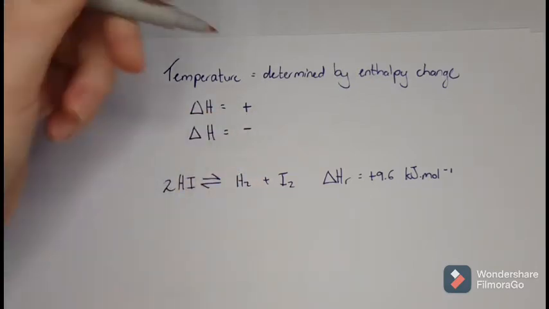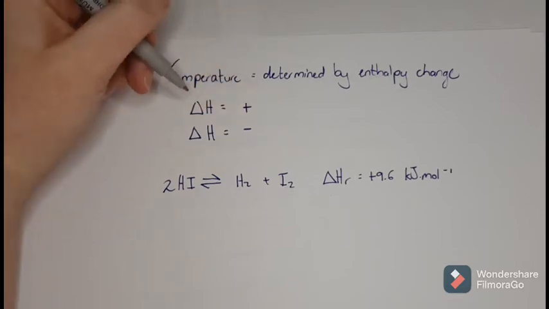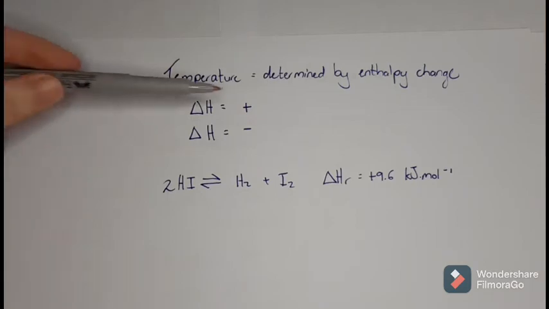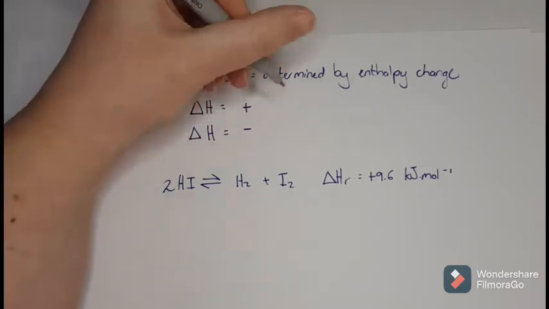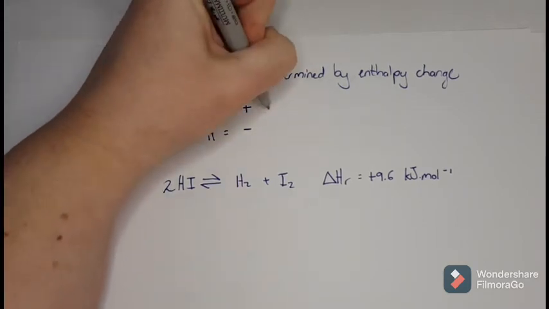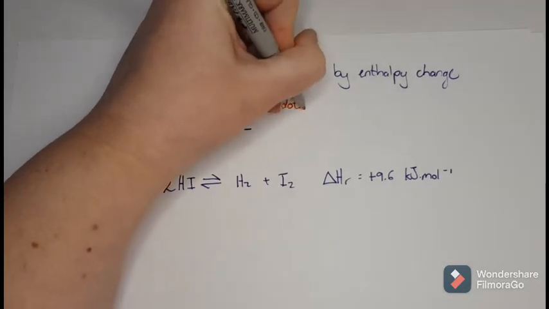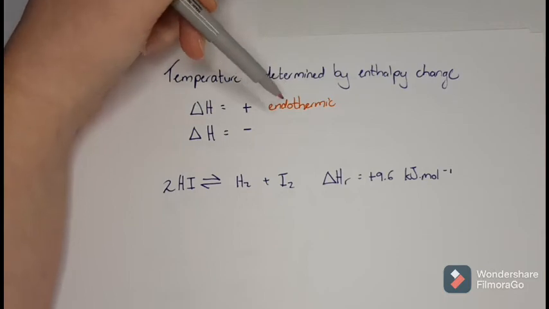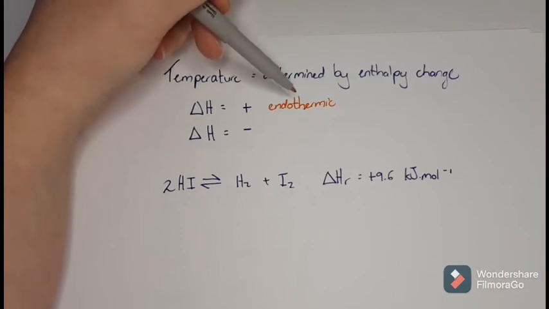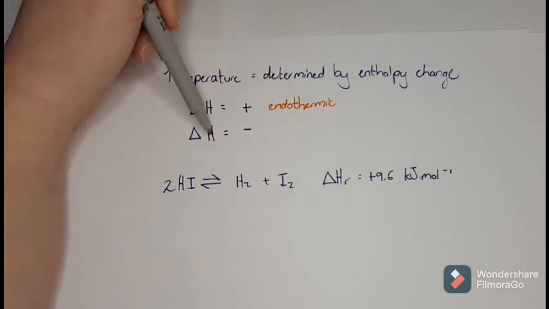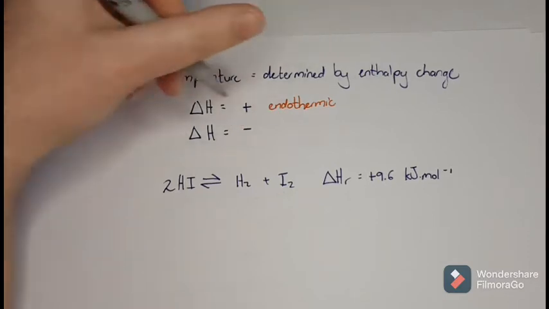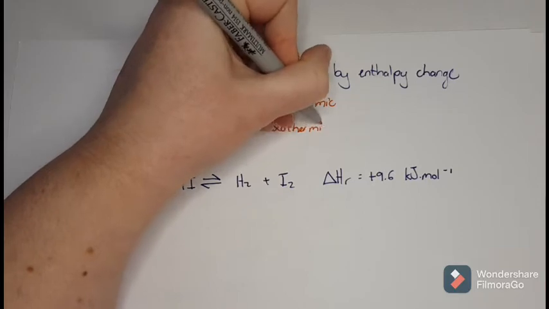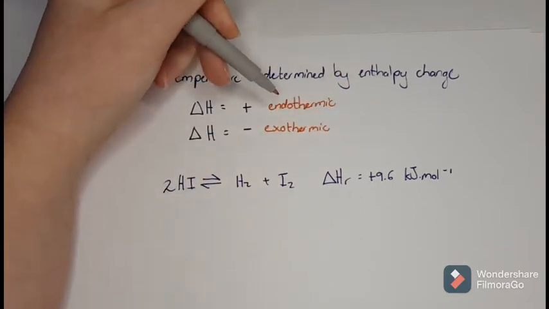If it's positive, it means that the forward reaction, because the delta H is always from the forward, because we go left to right, the positive one means endothermic. So that means the forward reaction likes to take in heat. If delta H is negative, that means that the forward reaction is exothermic. And that means that it will release heat.